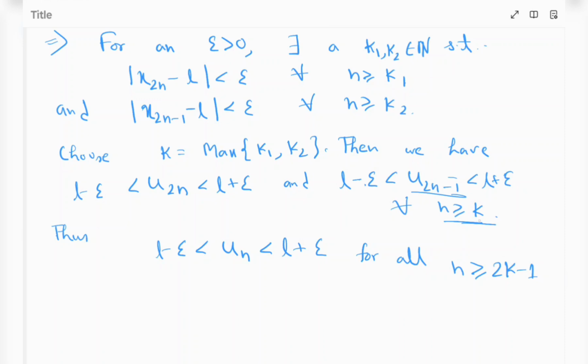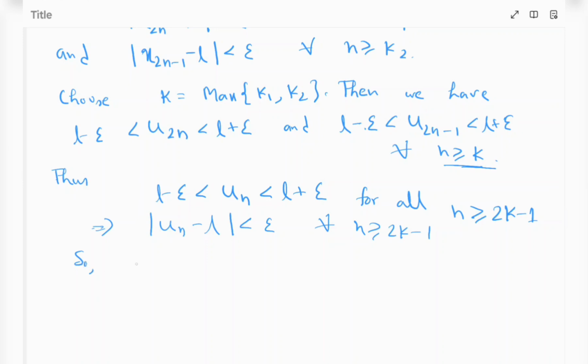If you consider n greater than or equal to k, the starting point will be 2k minus 1, and the other starts from 2k, so obviously we have to take the minimum one. So xn lies in this range. This implies that |xn minus L| is less than epsilon for all n greater than or equal to 2k minus 1. So xn is convergent and the limit of xn is L.